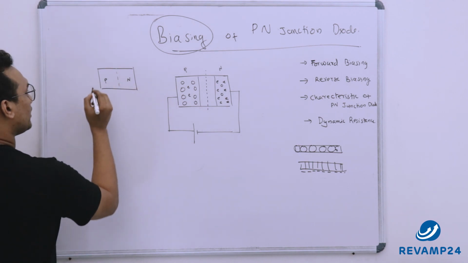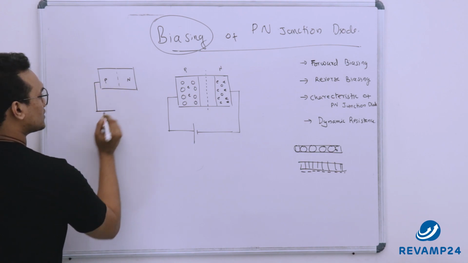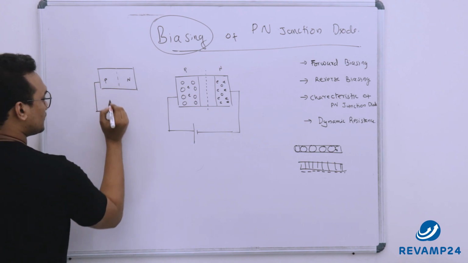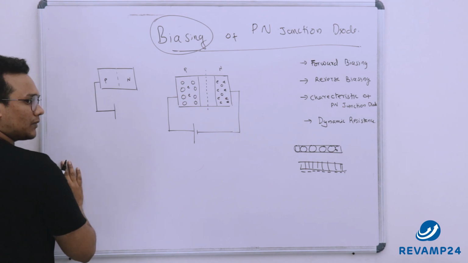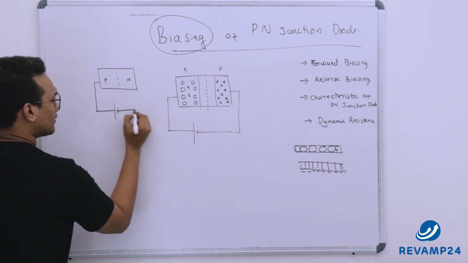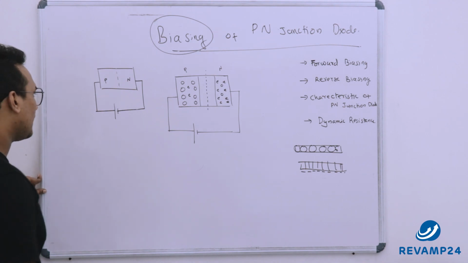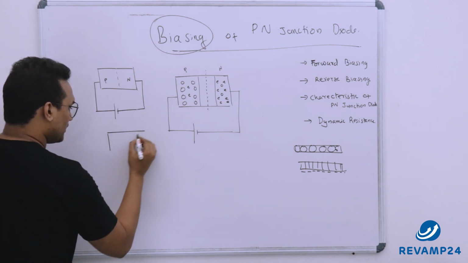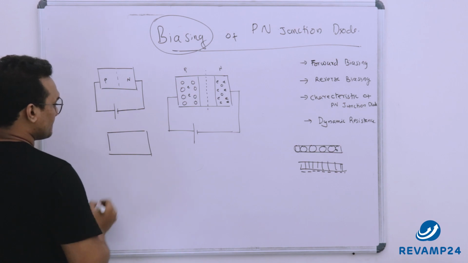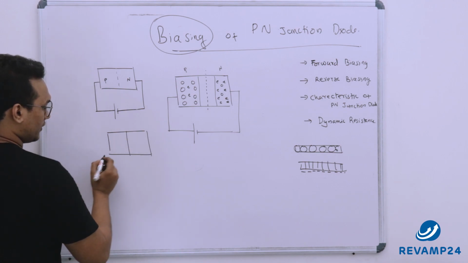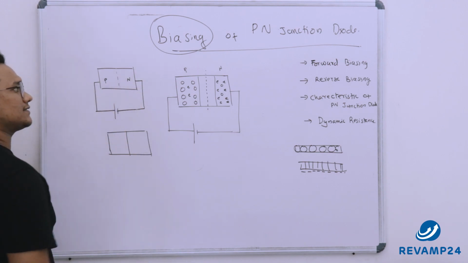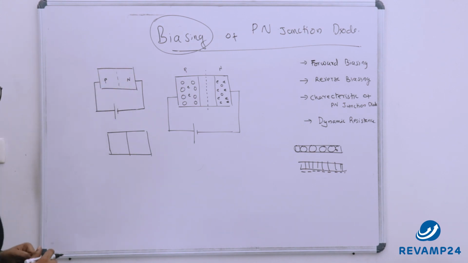Now this can be provided with a potential difference in two ways. One is connecting the positive terminal of the battery to P and the negative terminal of the battery to N. This is a diode, so we will call it a diode. This one is a PN junction diode.